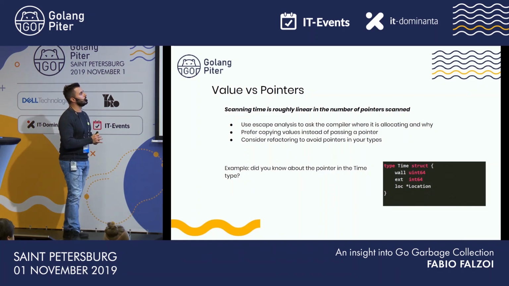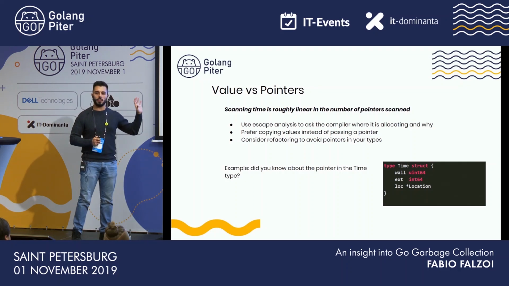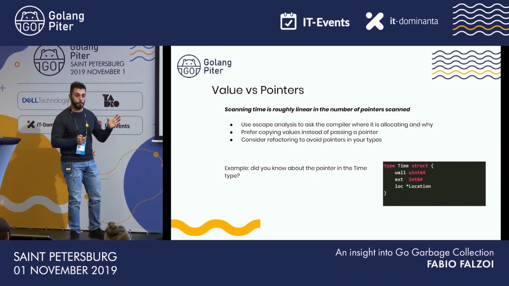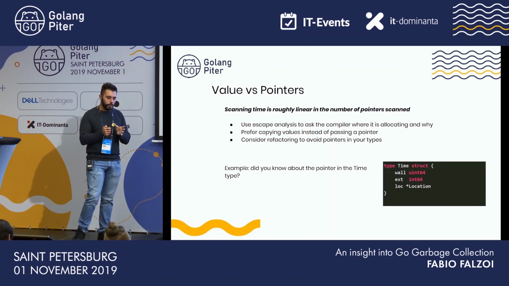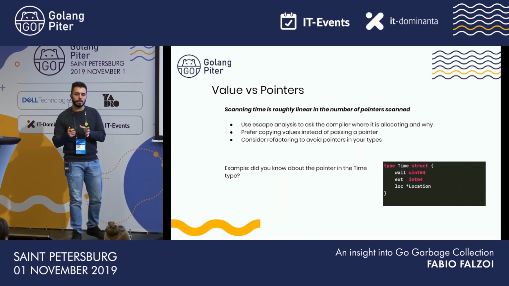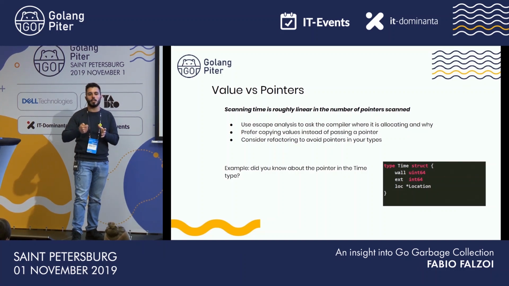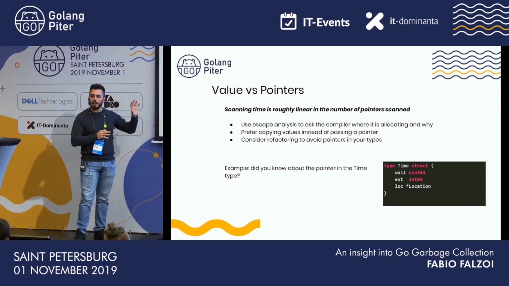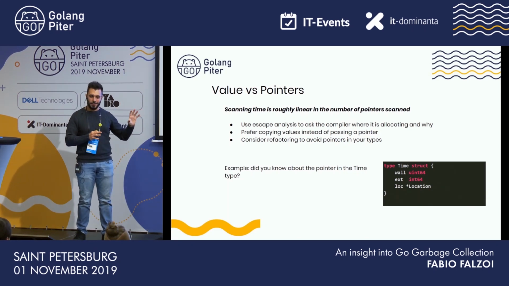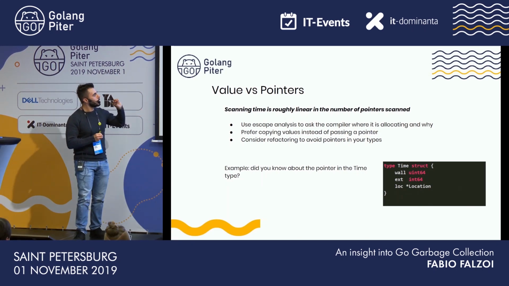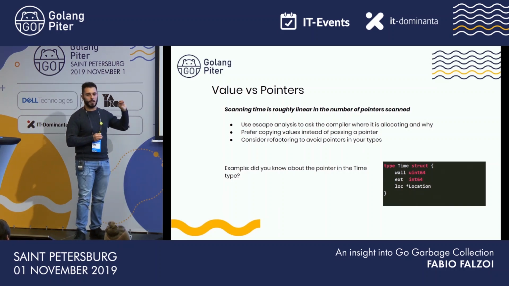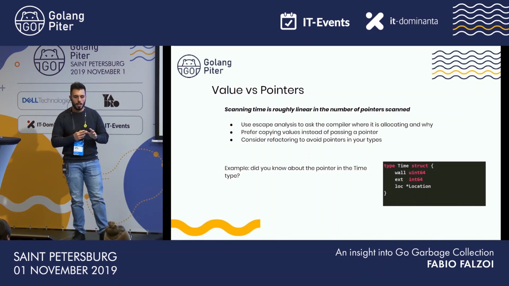Well, first of all, recall that the scanning time is roughly linear in the number of pointers scanned. This means that you should use escape analysis and profiling to find where and why the runtime is allocating on the heap and why it is allocating so much. After that, I'm not saying that you shouldn't use pointers, but sometimes it is better to copy values instead of passing pointers, for a couple of reasons.